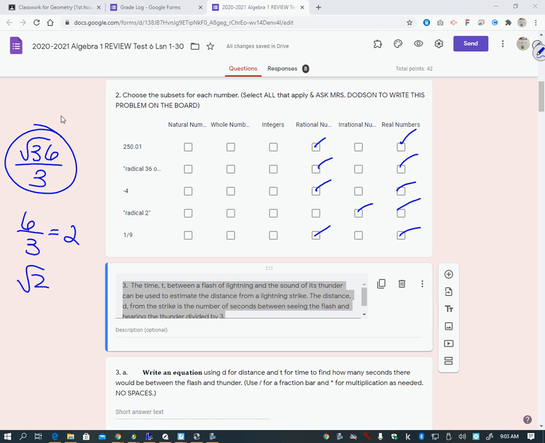So what in here counts as integers? Is one integer? Why not? It's a fraction. What about radical 2? No. What about negative 4? Yes. What about radical 36 over 3? Why? Because it simplifies to 2. What about 25.01? No.